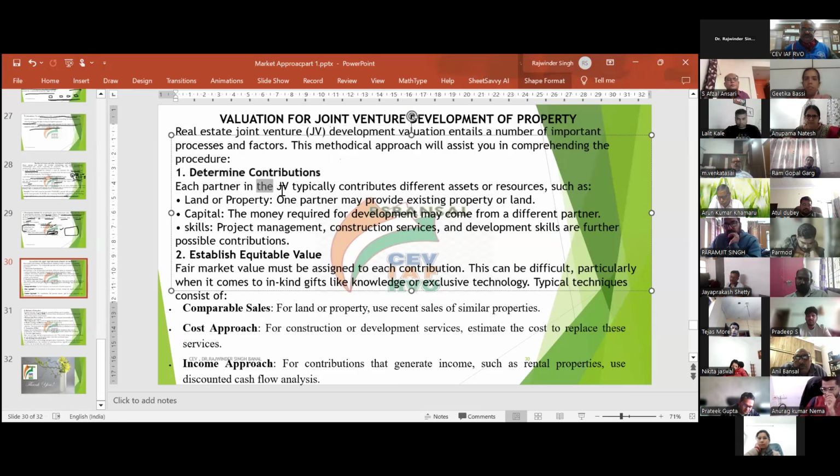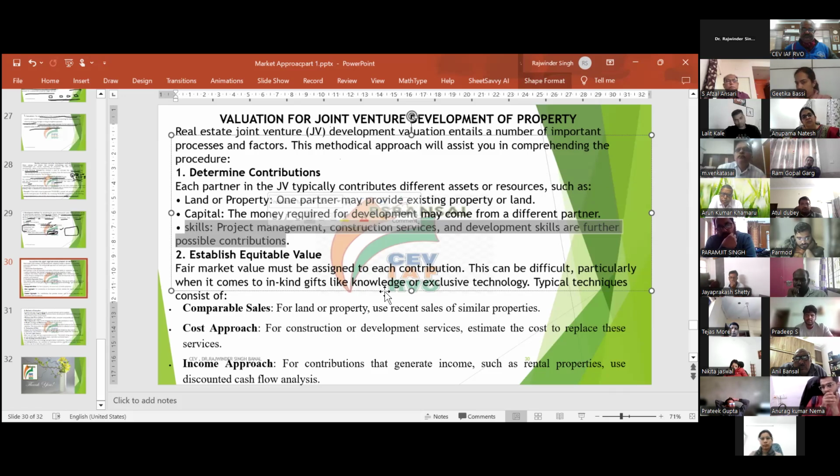So each partner in the joint venture typically contributes different assets or resources such as land and property. One partner may provide existing property or land. Another partner may provide the capital required for development. And another partner may provide project management, construction services, development skill, or other possible contributions.